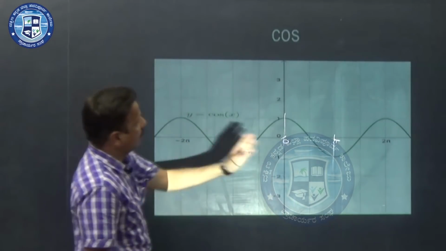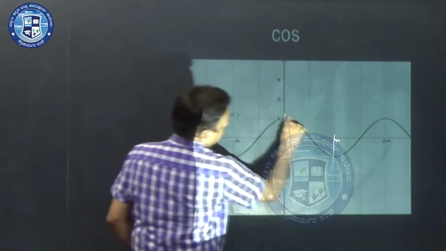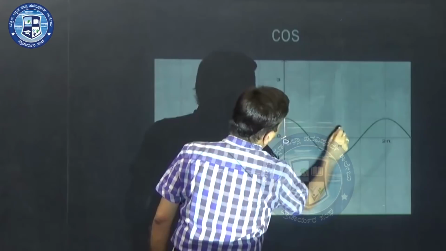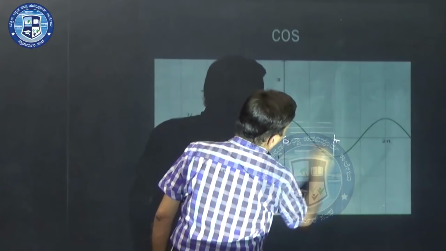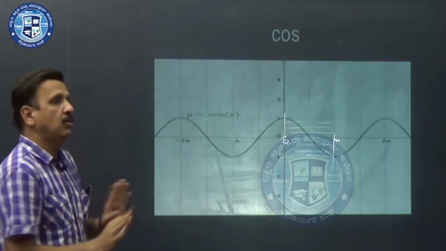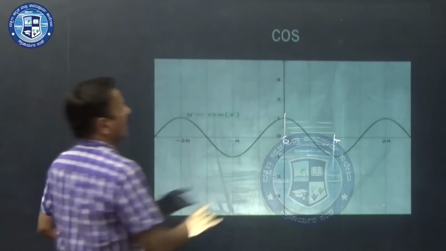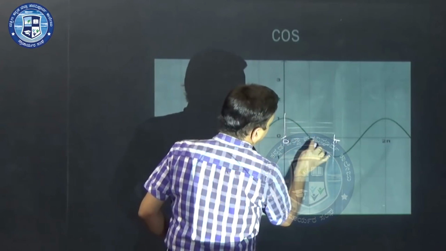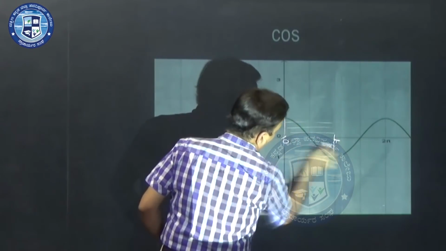Between 0 and pi, the curve is continuous, and if you draw a horizontal line, it will cut the curve at only 1 point. See, this horizontal line cuts here, this horizontal line cuts here, between 0 to pi.